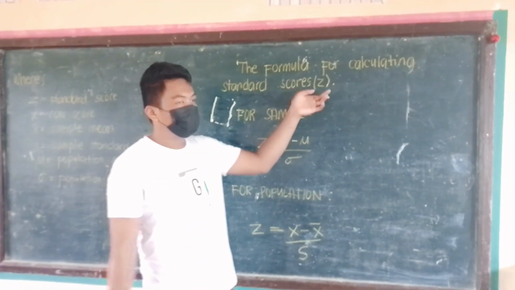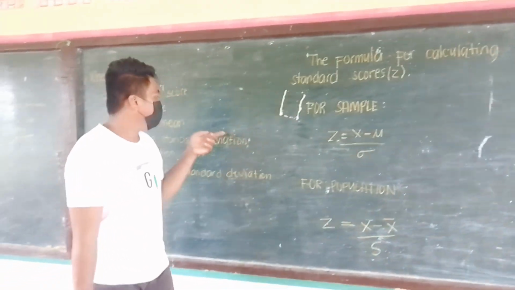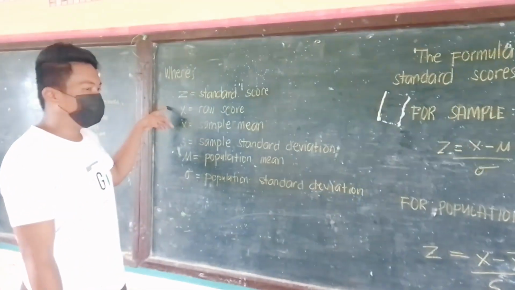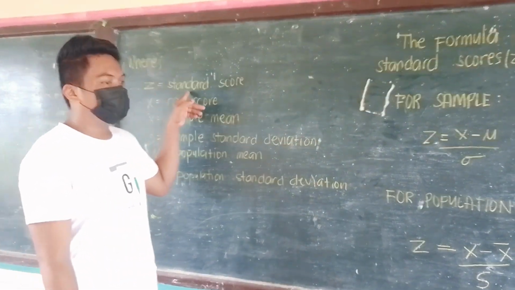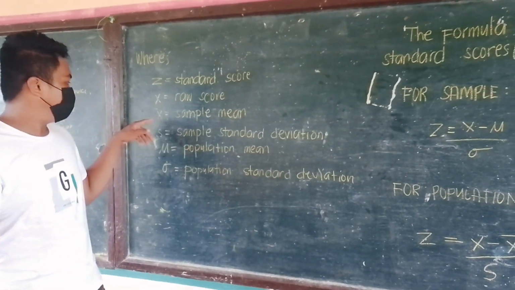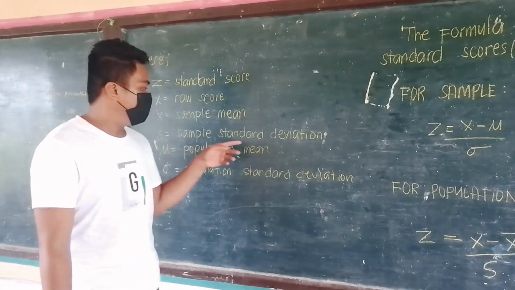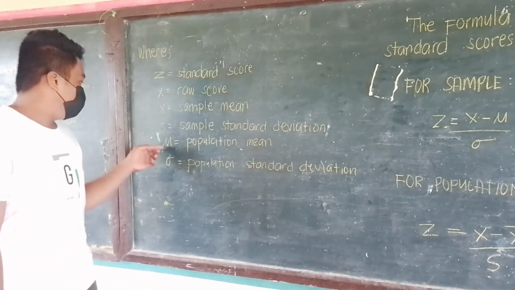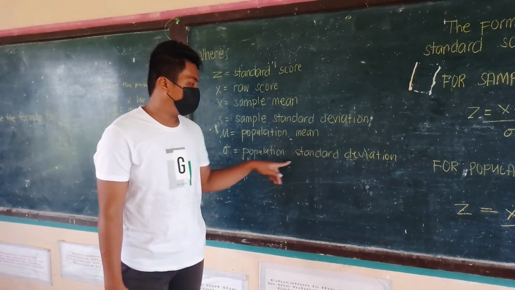These are the formulas for calculating the standard scores, but before that, we will identify the symbols related to the formula. Z is equal to the standard score, X is the raw score, X bar is the sample mean, S is the sample standard deviation, mu is the population mean, and sigma is the population standard deviation.